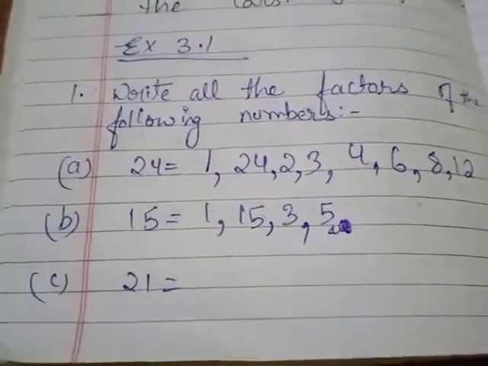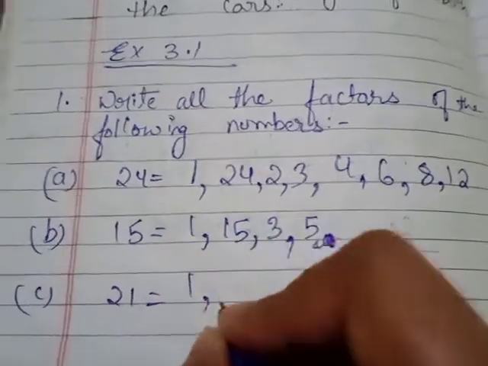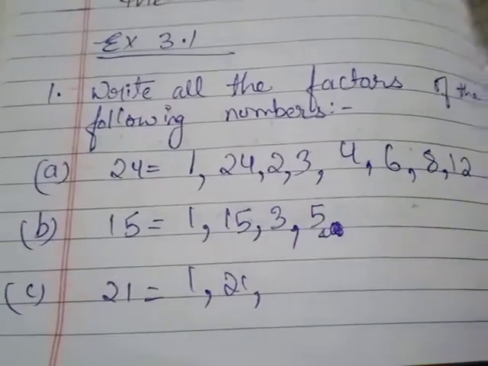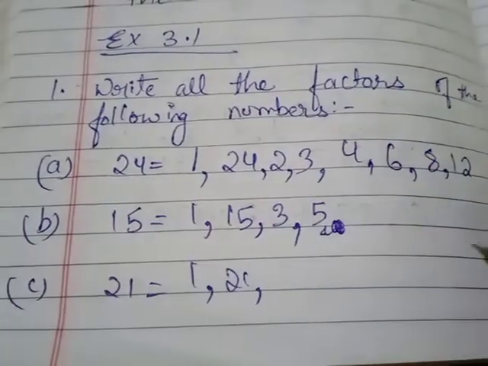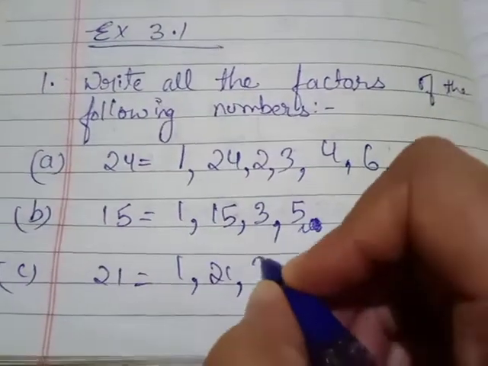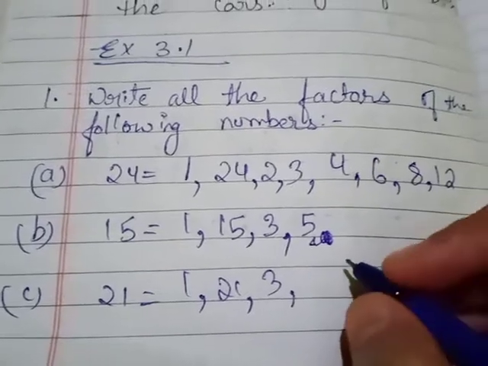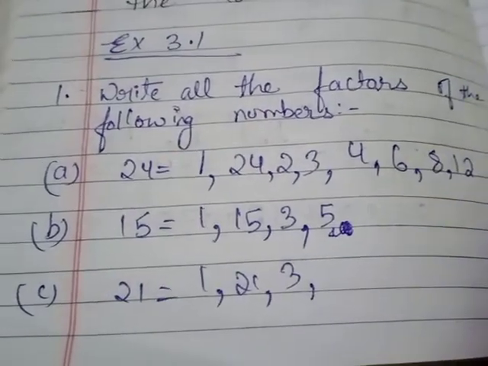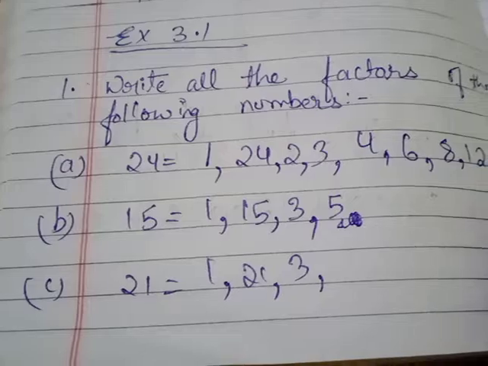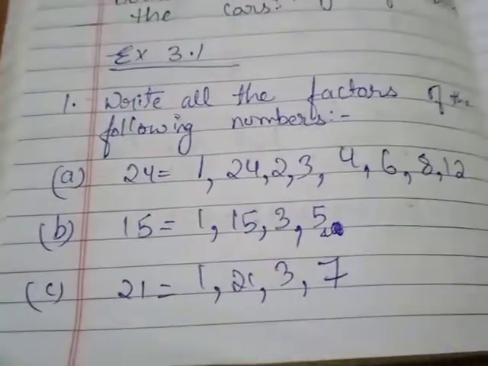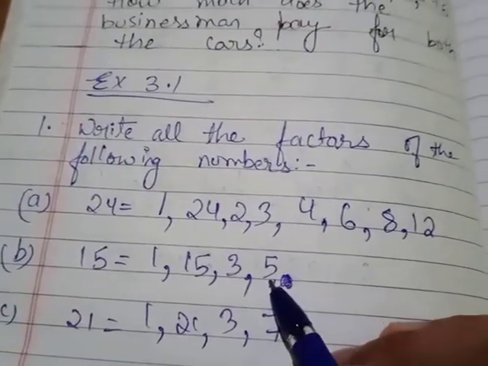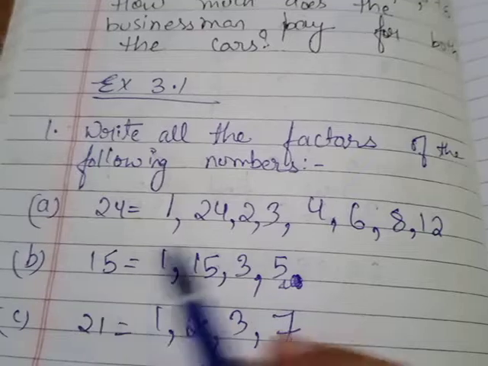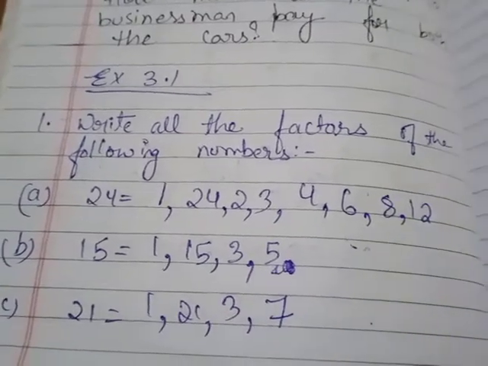What about 21? You can write 1, 21. Then 2 will not be a factor because 1 is in the ones place. Then 3, yes, because 2 plus 1 is 3. 4, no, because 4 fives are 20, so 1 will be the remainder. 5 also no. Then we get 7. Now, when you reach the number which you add 3 times to get 15, there will not be any other factor.